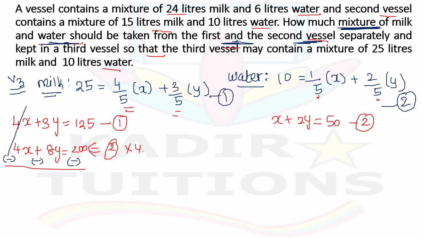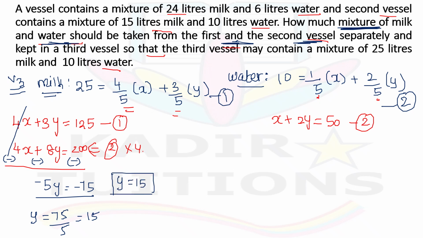So it will get cancelled and this is going to be minus 5y, and over here it's going to be minus 75. So minus and minus will get cancelled. So y equal to 75 by 5. It's nothing but 5 ones are 5, and how many times? 5 times. Okay, so we got y equal to 15.